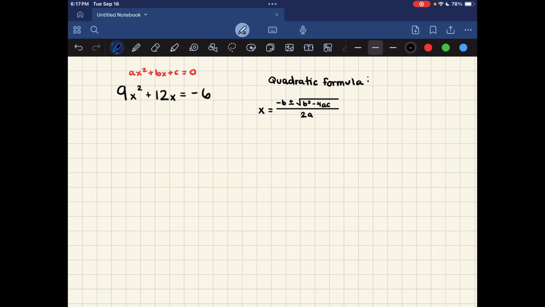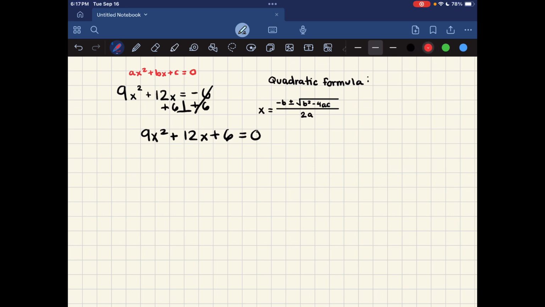To take care of this problem, we just add 6 to both sides, and then the left side cancels out, and it's going to be 9x squared plus 12x plus 6 equals 0. These are large numbers, and we can simplify by 3 because all of them have a common factor of 3. We don't have to, but it does make solving this easier.